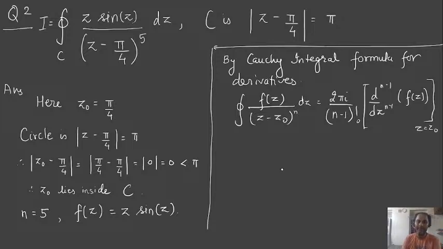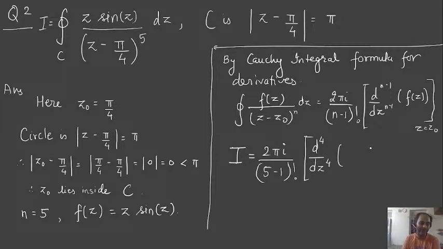Now comes the main part. When you substitute, the LHS is going to get converted to I. What is going to happen over here is 2 pi I over n minus 1, so pi minus 1 factorial, and we will now have 4 derivatives to be calculated for the function f of z, that is z sin z, evaluated at z equal to pi by 4.